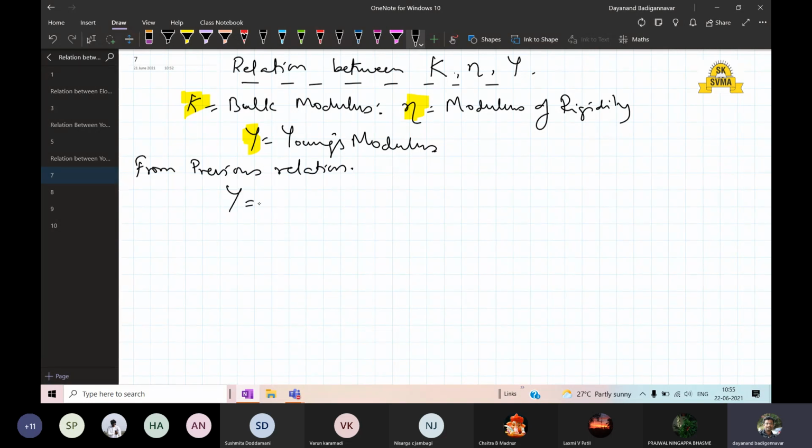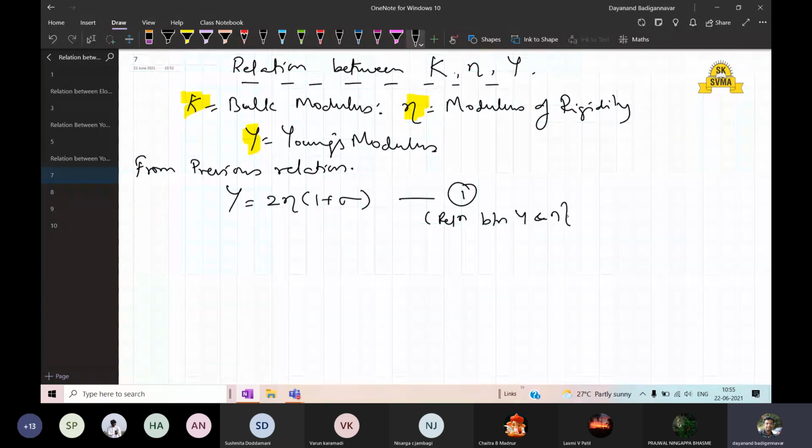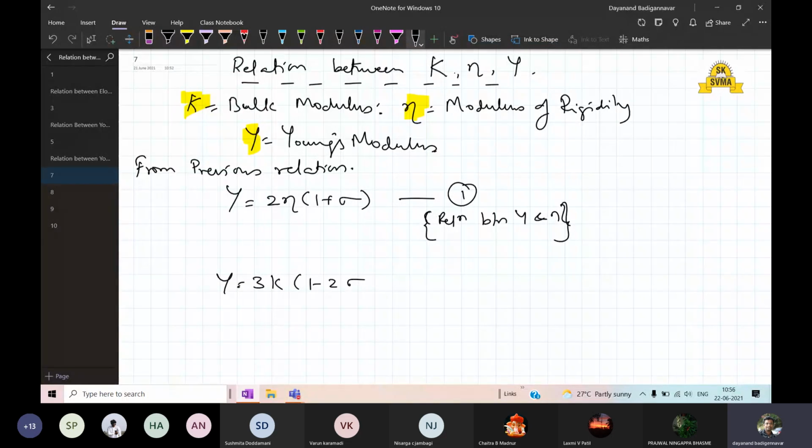Y is equal to 2 neta into 1 plus sigma. This is equation number 1, the relation between the Young's modulus and the modulus of rigidity. There is one more equation: Y is equal to 3K into 1 minus 2 sigma.